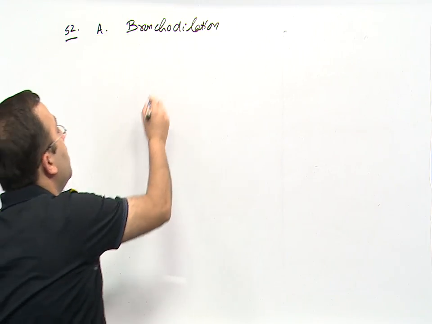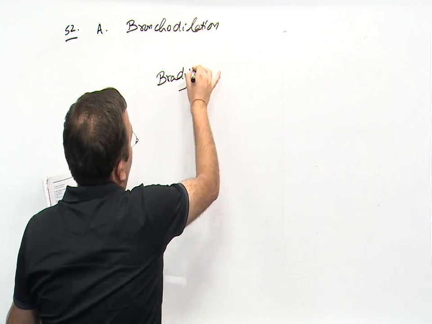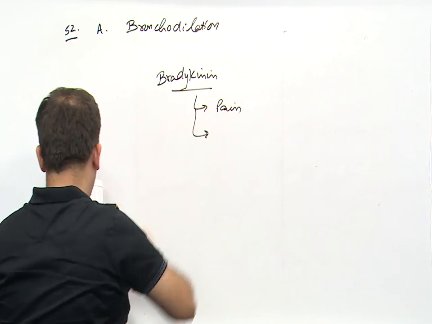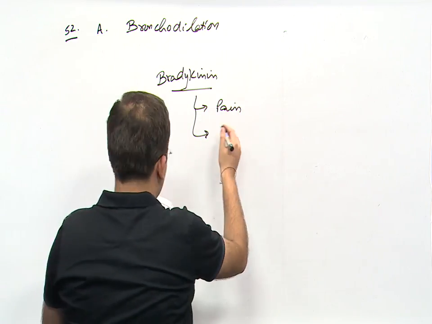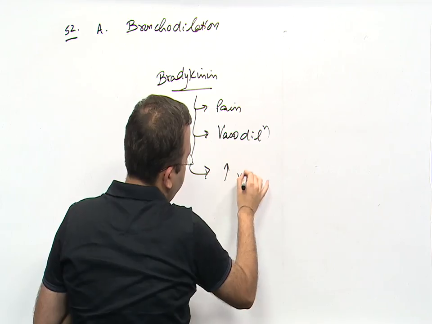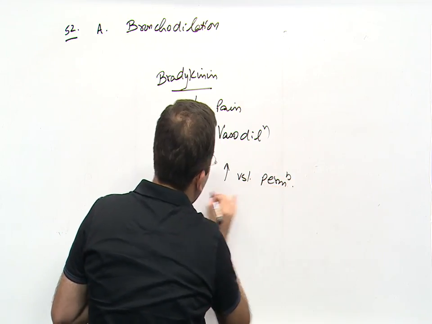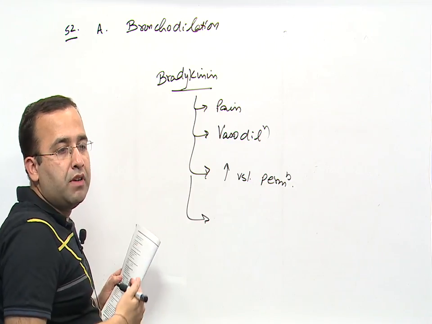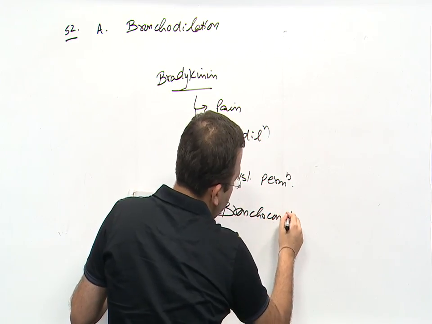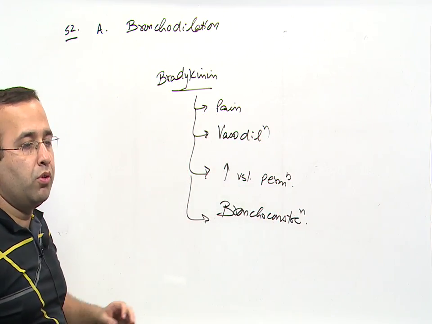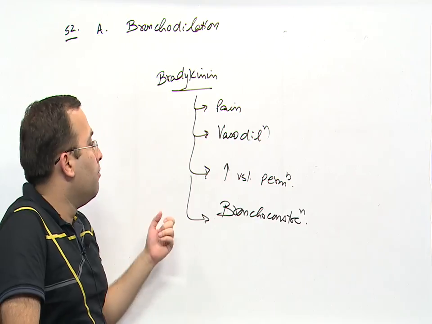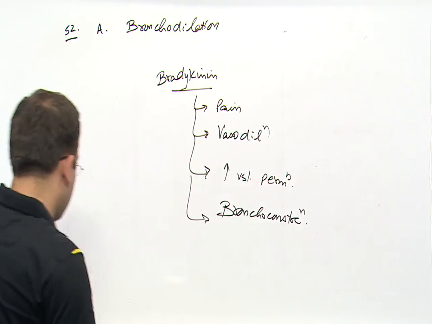On the other hand, the main roles of bradykinin are that it is responsible for pain, vasodilation, increased vessel permeability, and bronchoconstriction. Point to be noted is, it is not associated with bronchodilation.